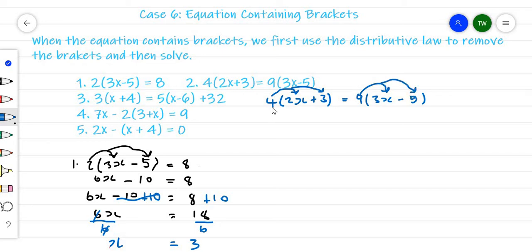All right, so let's begin. 4 times 2x, that's going to give us 8x. Now 4 times positive 3, that's going to give us positive 12. Equal 9 times 3x, that's going to give us 27x.